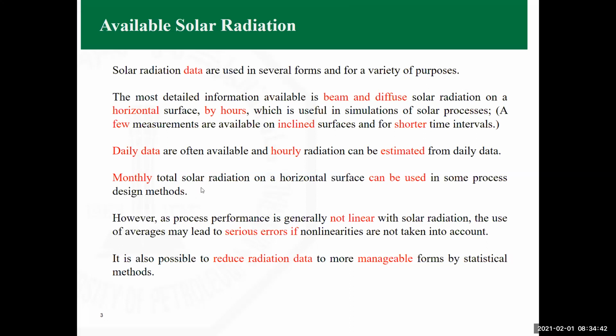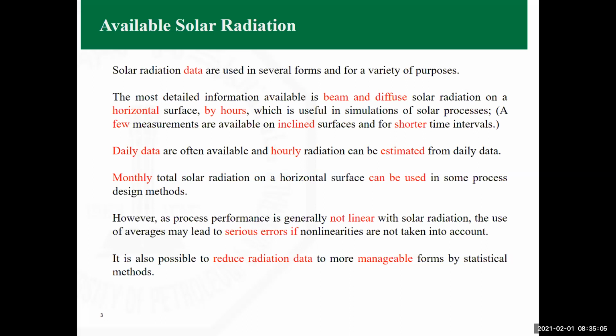The monthly solar radiation can be used. It can be integrated, for example, to obtain how much would be the average monthly. And in some applications, we need this information. Actually, you are going to see some cases where we need, for example, to put a solar collector for water heating in your house.